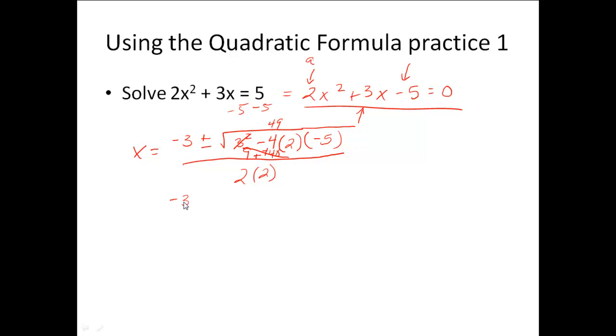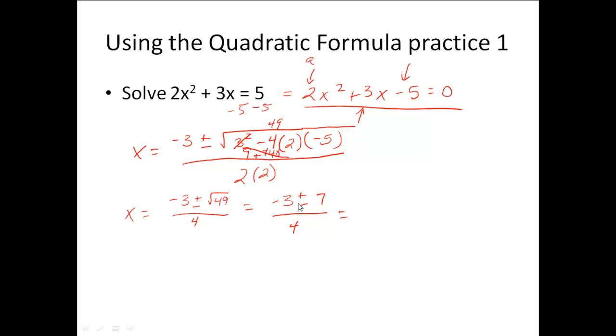So I will have negative 3 plus or minus the square root of 49, all divided by 2 times 2, which is 4. So at this point, I've simplified what's under the radical, and simplified my denominator. Well, with this one, I can even go farther because the square root of 49 is a perfect square. So I have negative 3 plus or minus 7 divided by 4.